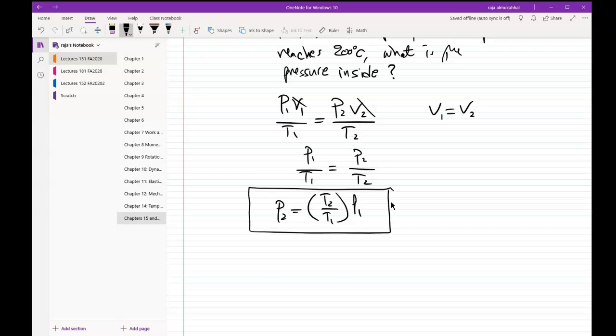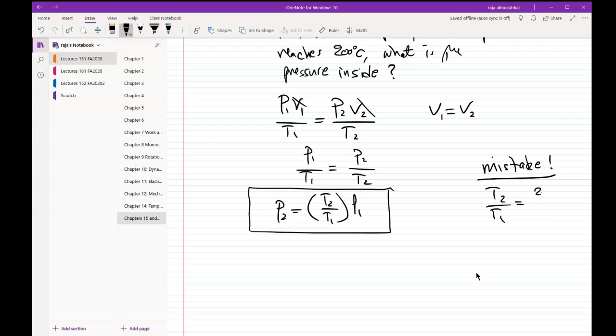Again, be very careful. Always convert to Kelvin when it comes to temperature. Now let me show you a mistake that some student may make, not you. Look, I have T2 over T1 here. Do you see that right here? And you say, oh, well, I can just use Celsius because the units are going to cancel. This doesn't work that way. It works for anything else, but it doesn't work for Celsius. Here, watch.